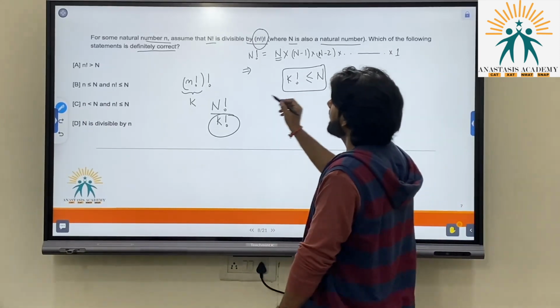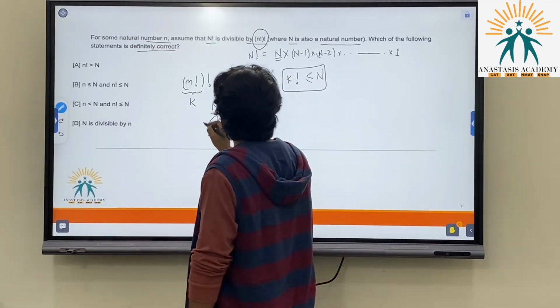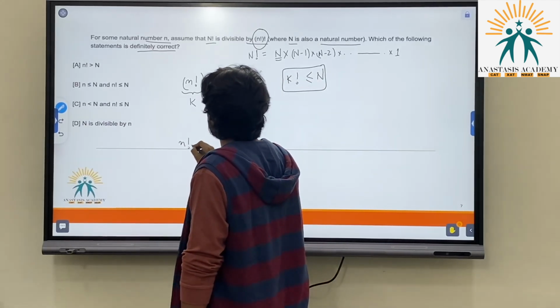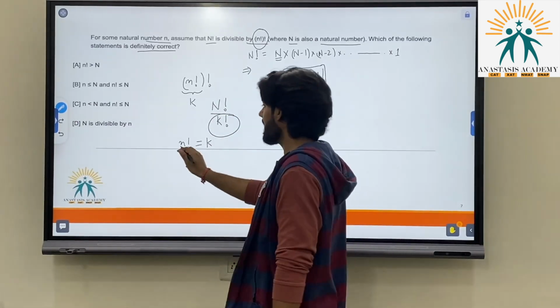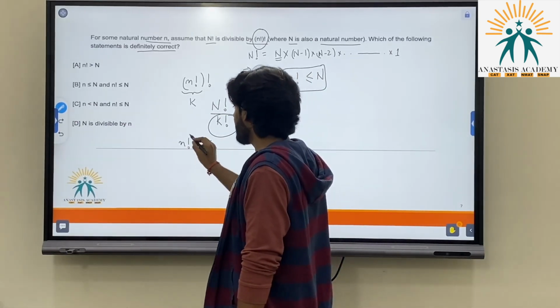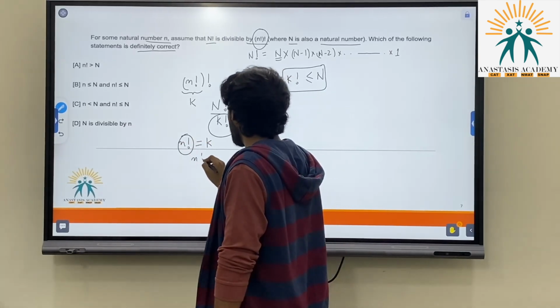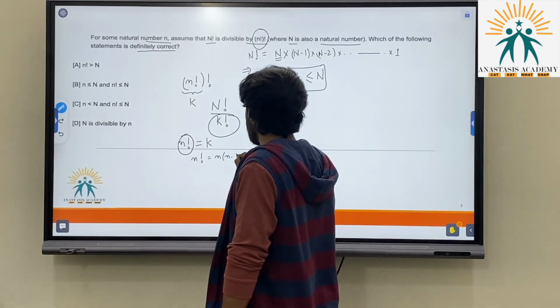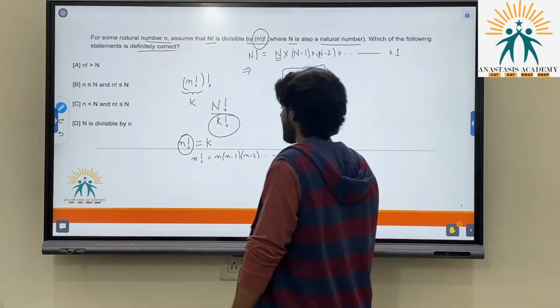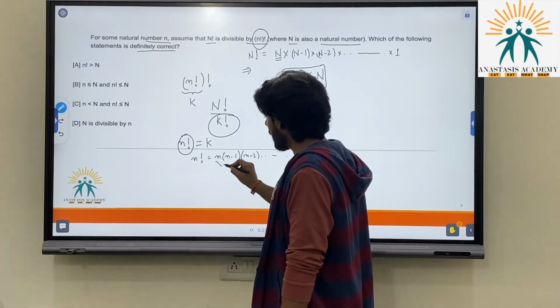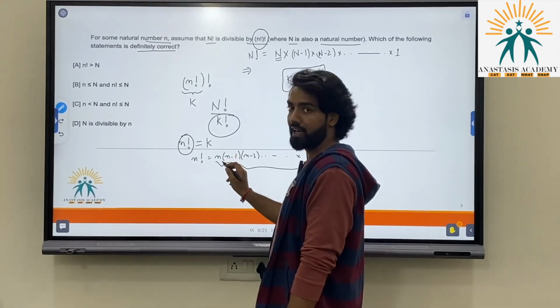Now consider one thing. I have taken k as n factorial. Now this factorial will be divisible by all the numbers less than or equal to n, since n factorial is n into n minus 1, n minus 2 and up till 1. So this k, or n factorial, will be divisible by all the numbers less than or equal to n.